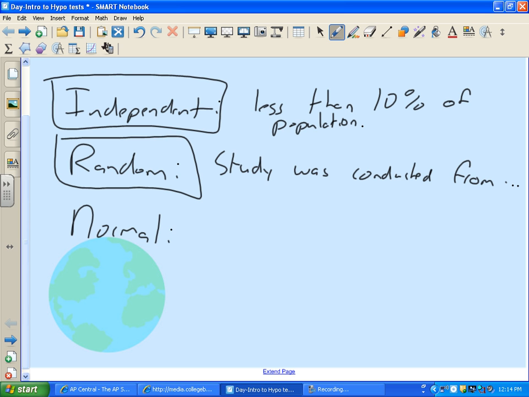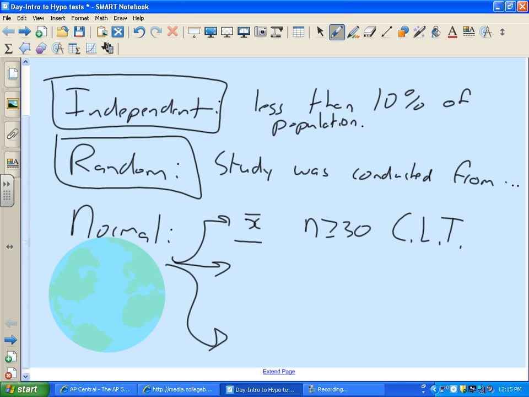Normality can be represented multiple ways. Way number one, if you're talking about a sample mean, an average, and the number you sample is greater than or equal to 30, then the central limit theorem says that this sampling distribution will be approximately normal.